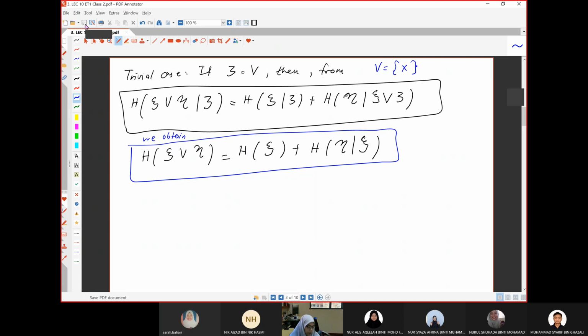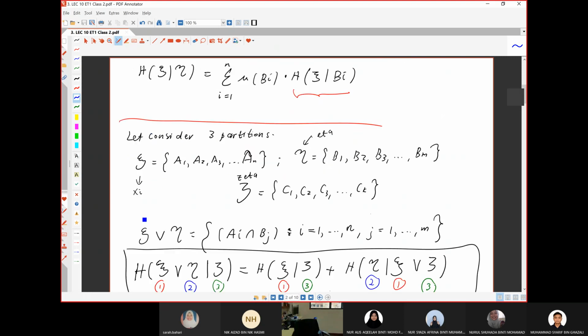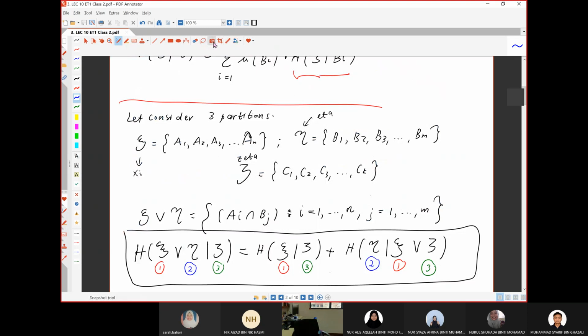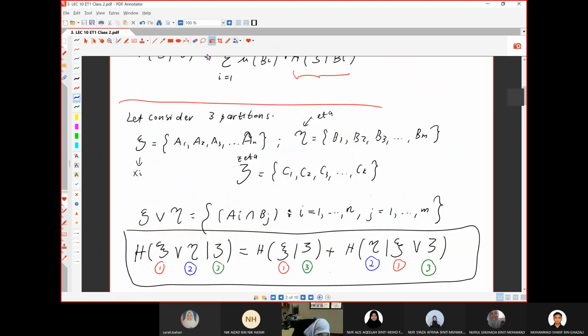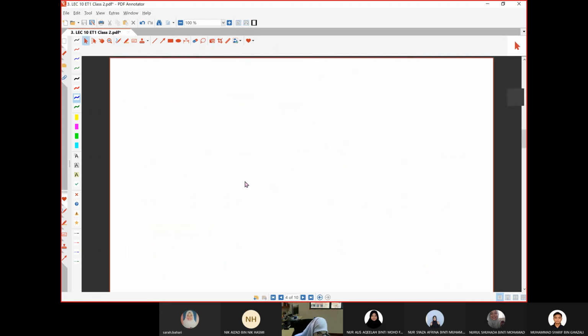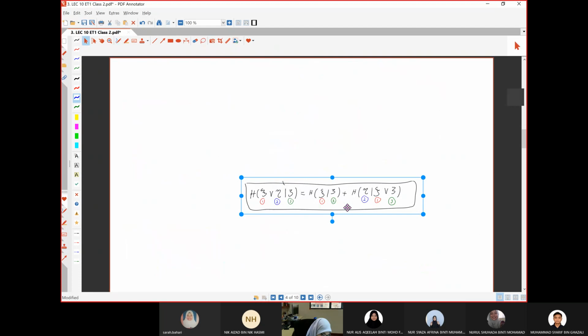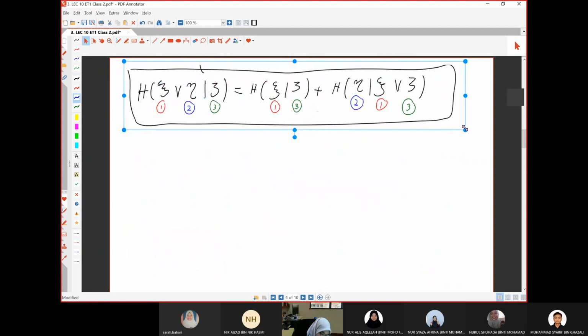Okay. Now we come back to our original formula here. I want to try to crop this. Copy. Okay, I have this formula. Let's try to find the entropy for this.